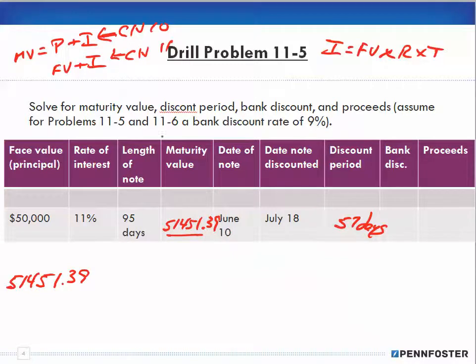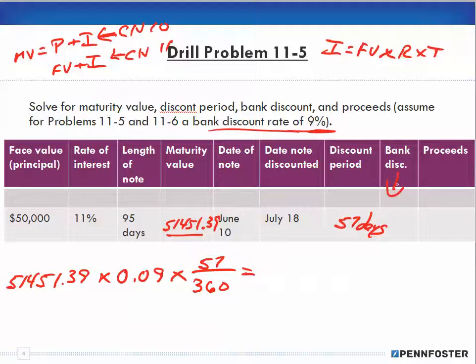The bank discount rate is 9%. So I'm going to multiply it by 0.09, and the number of days was 57 over 360. Okay, and we're figuring out the bank discount here.